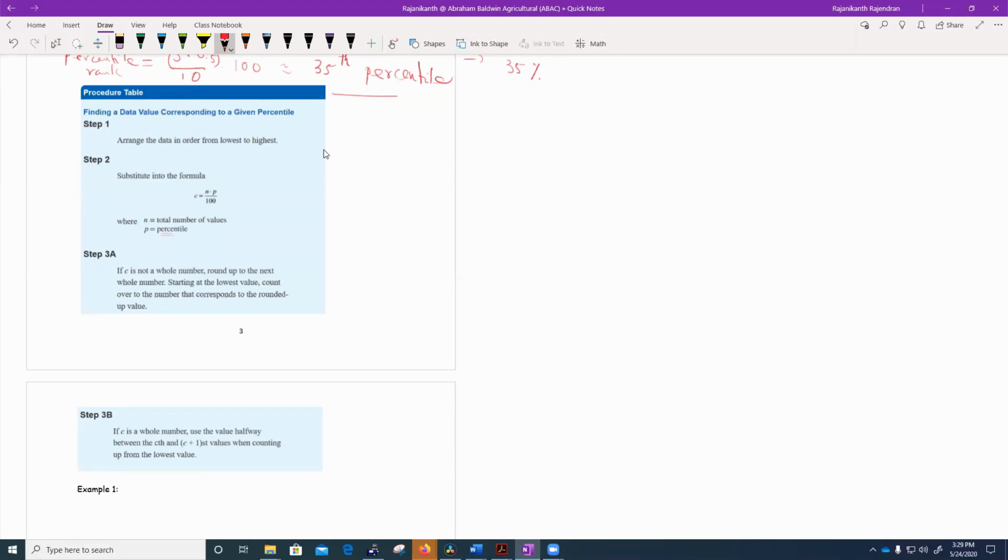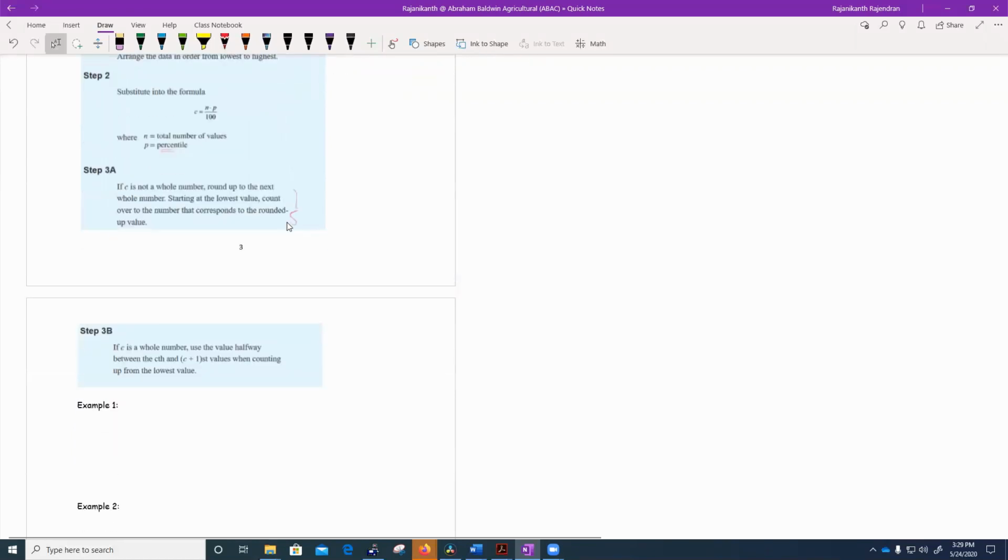Remember, c could be either a whole number or have decimal places. Based on those two scenarios, we will decide the next step. If c is not a whole number, suppose you get a decimal for your c answer, round it up to the next whole number.